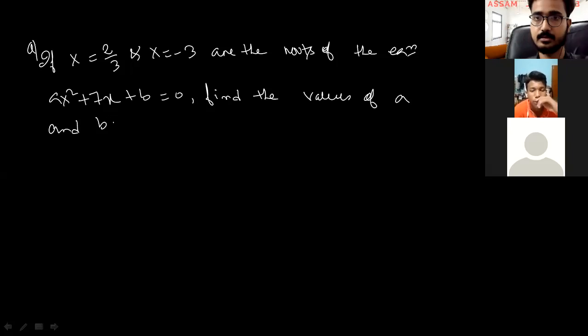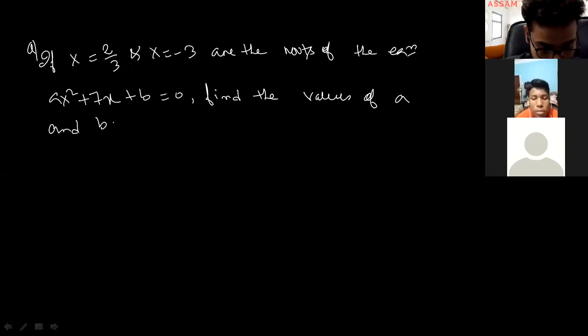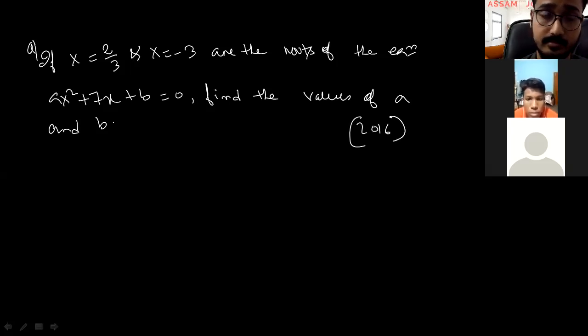Yes, -3. So when you put x equal to 2/3 and x equal to -3, you will get two equations in terms of a and b. And after solving these two equations, you can find the value of a and b. And this came in 2016, your board exam.